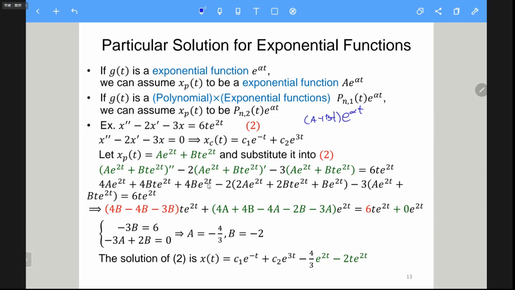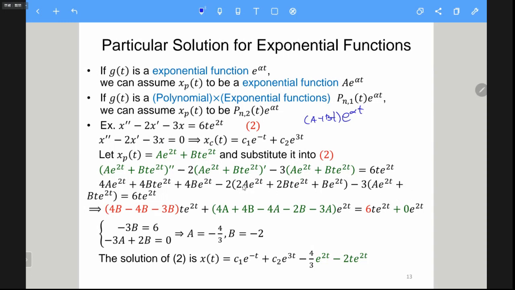I think, yeah, happy with this term because you still need to multiply by 2 here. So you have 4b e to the 2t for the middle term, and then the second derivative of this one will be 4bt e to the 2t. Actually, you can double check it by yourself if you don't believe.